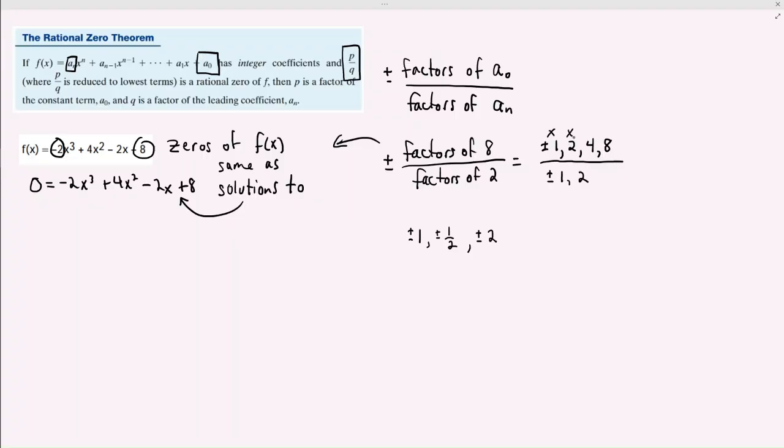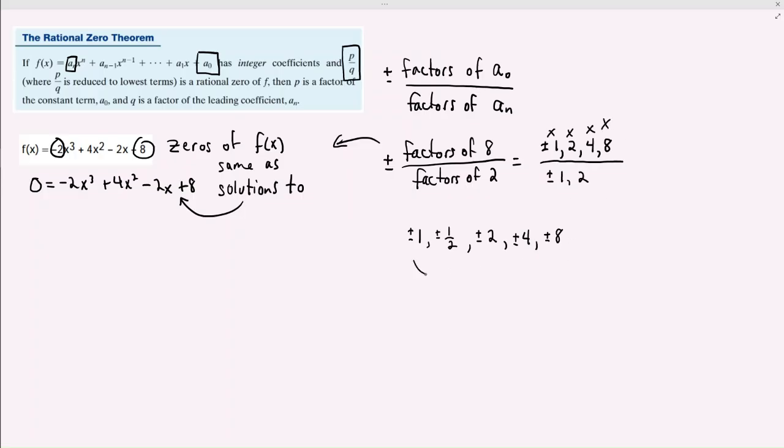So now we're done with 2's. If I put the 4 over the 1, then the 4 over the 2 would just be another 2, which we've got. And if I add the 8 over the 1, and then the 8 over the 2 would just be the 4 again. So this is going to exhaust the possibilities.